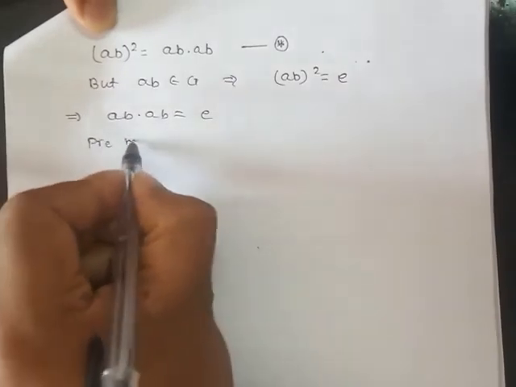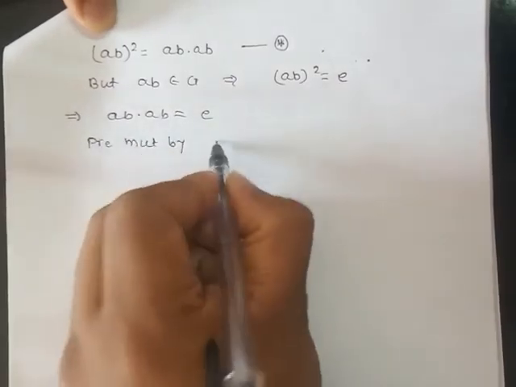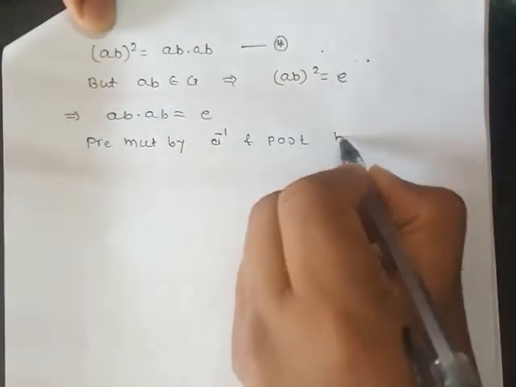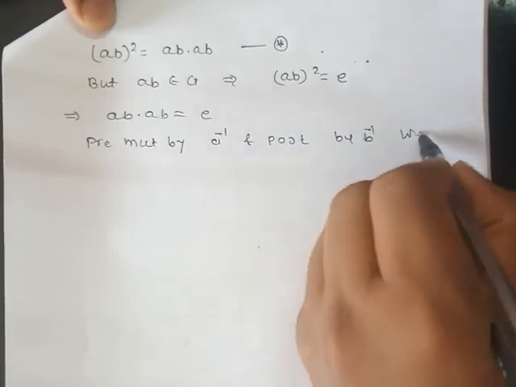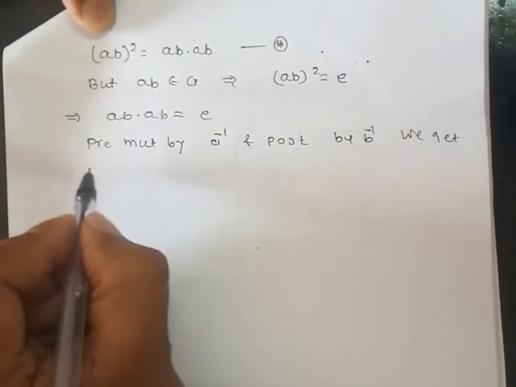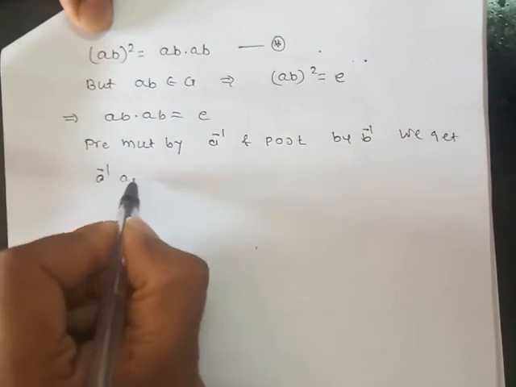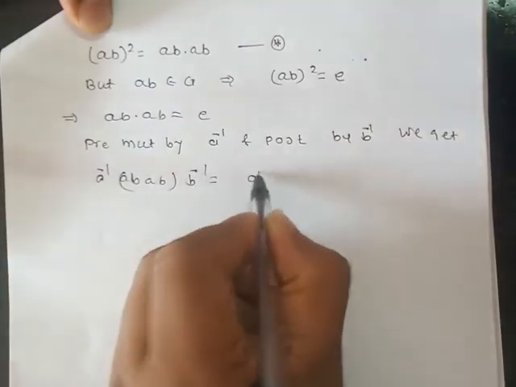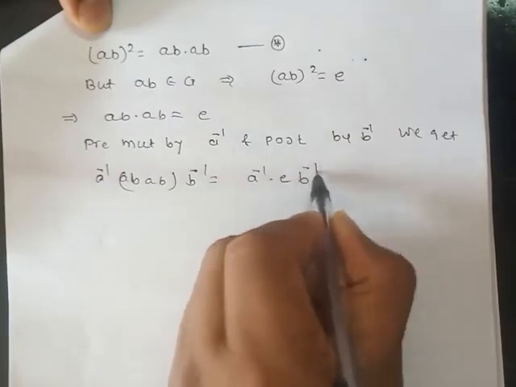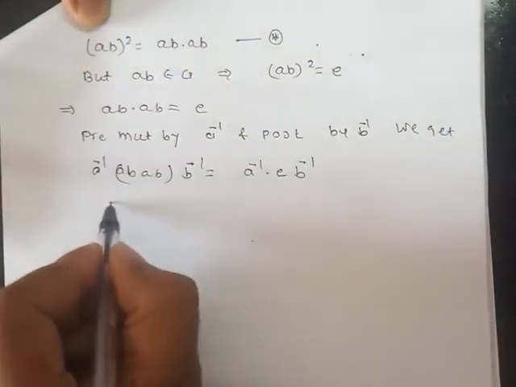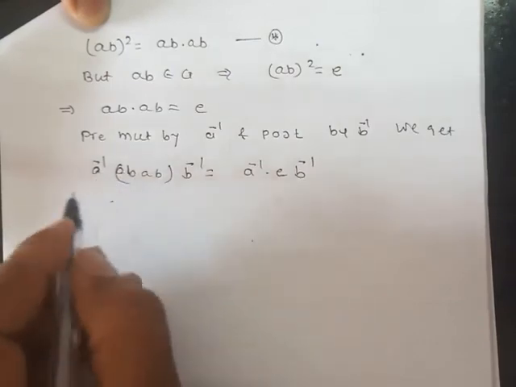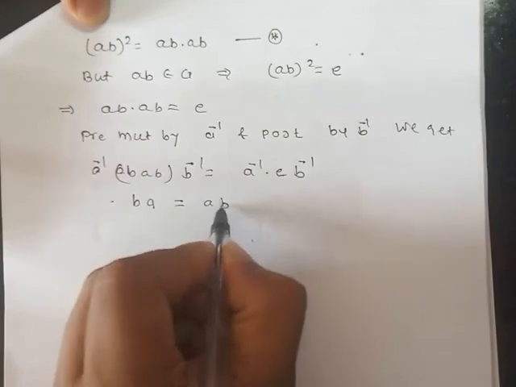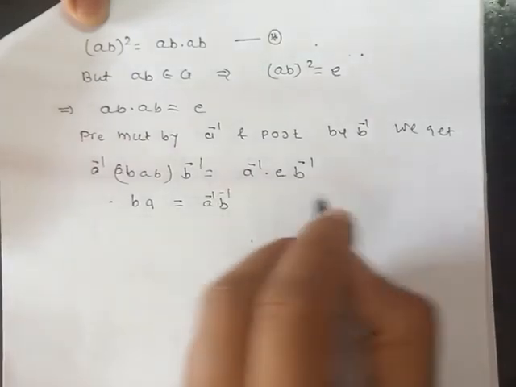Pre multiplying by A inverse and post by B inverse, we get A inverse AB into B inverse is equal to A inverse into identity into B inverse. Now this A inverse into A using associative law, that is we get BA is equal to A inverse into B inverse.